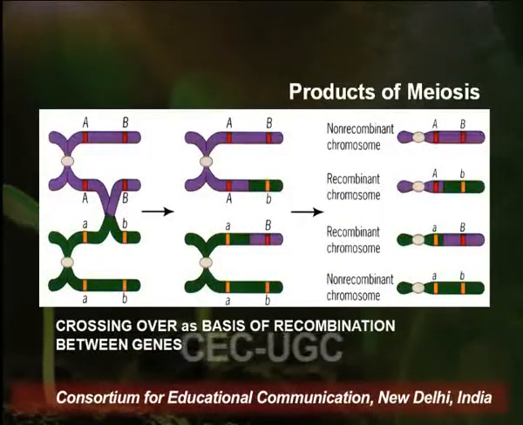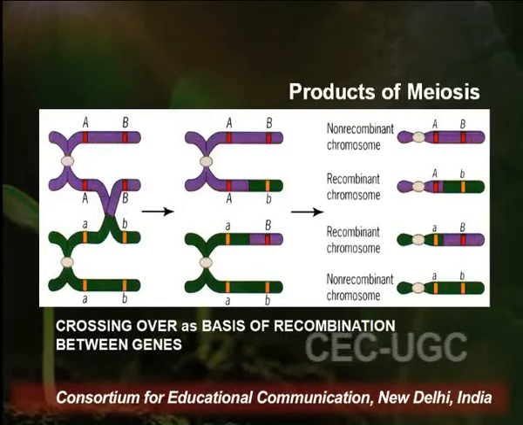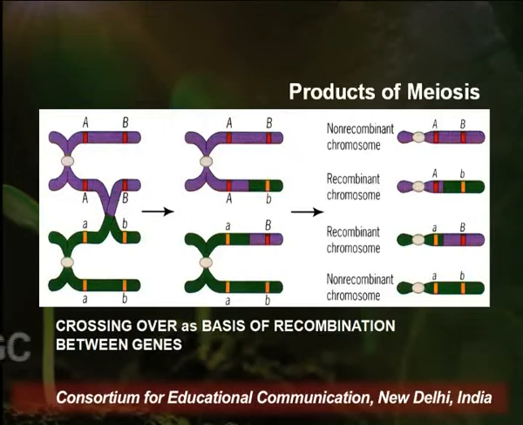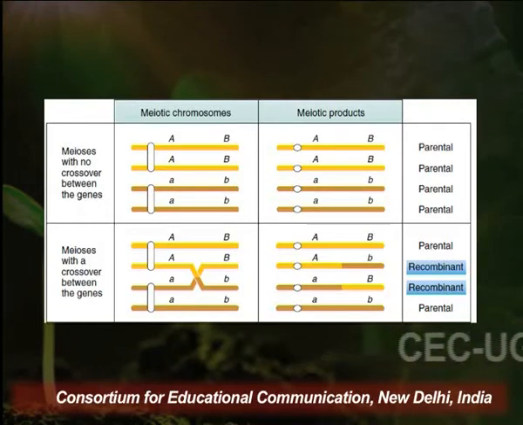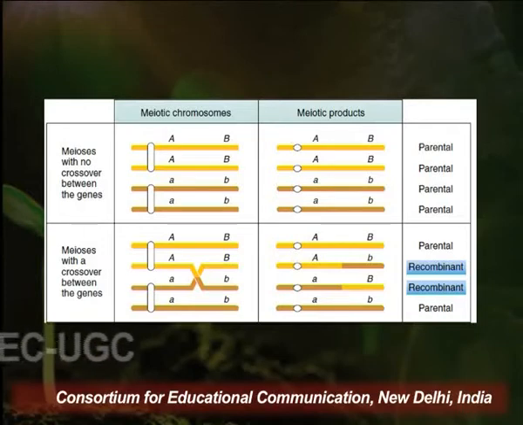So, to summarize, the products of meiosis would be on the basis of recombination between the genes, and we have the recombinant chromosomes 50% and non-recombinant chromosomes 50%. This would ultimately mean that if there is a crossing over, we have the parental as well as the non-parental combinations together.